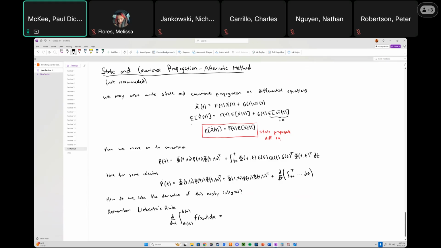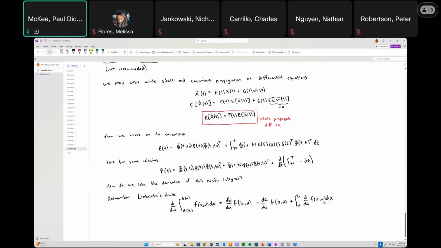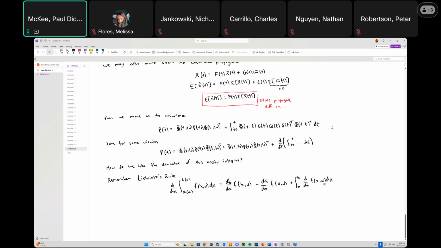This is equal to dB over d alpha times f of b and alpha, minus dA over d alpha times f of a and alpha, plus the integral from a to b of d over d alpha of f of x and alpha dx. Okay, so let's use this to try to make the derivative of the integral term just a little bit cleaner.